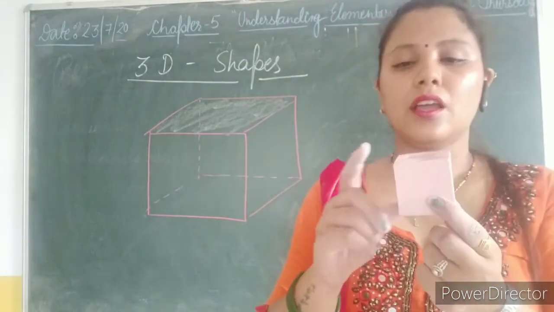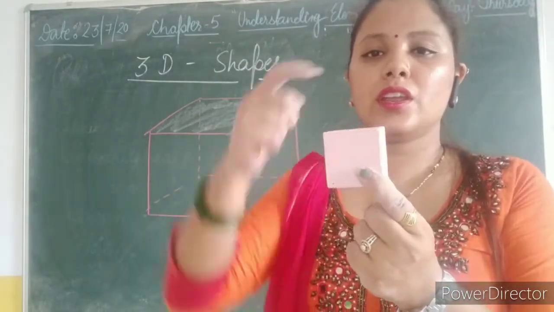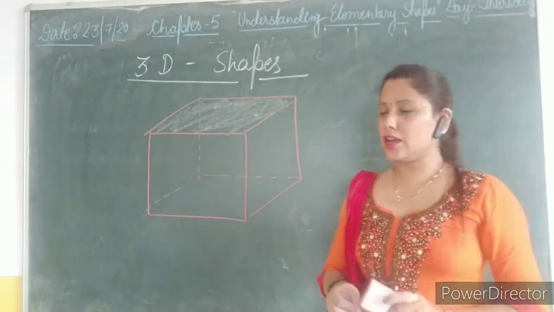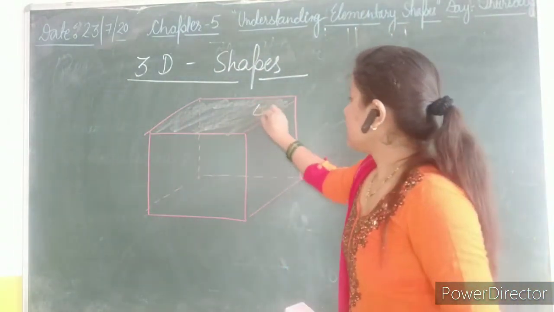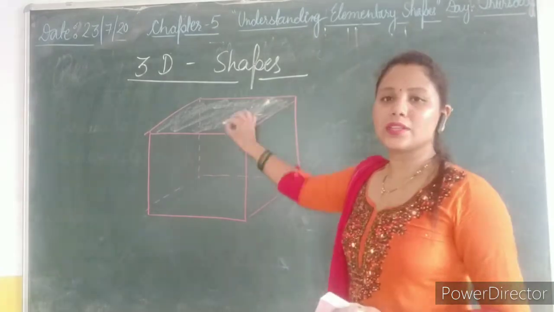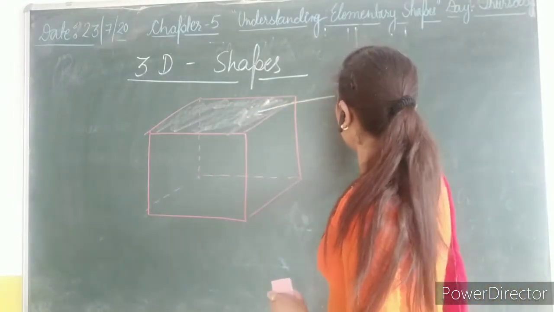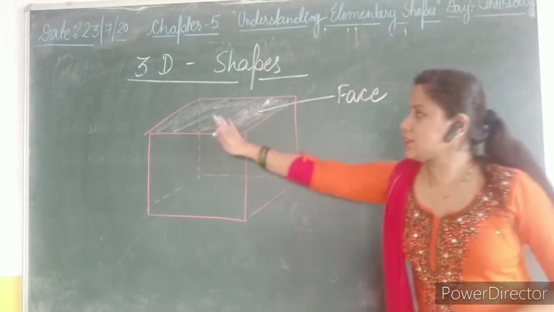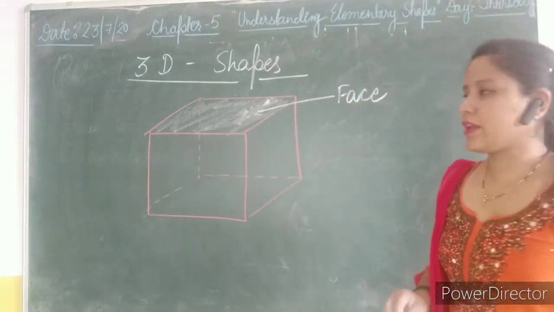Count it again. 1, 2, 3, 4, 5, 6. So total 6 faces are here. Okay, so here the shaded part, this one is the face. That is your face. Clear? The flat surface, that's called face.